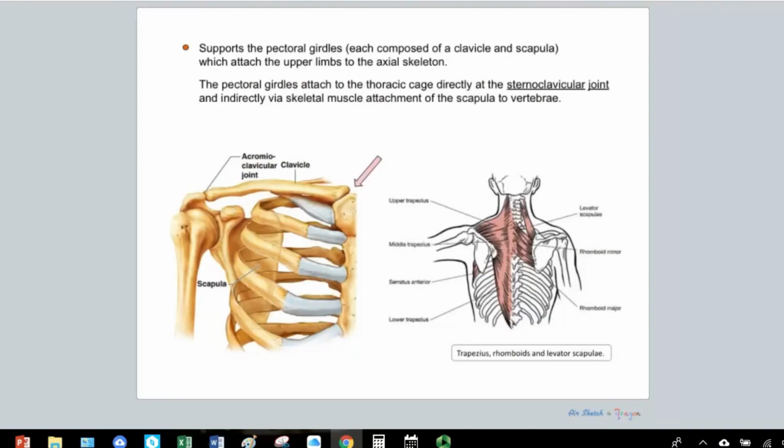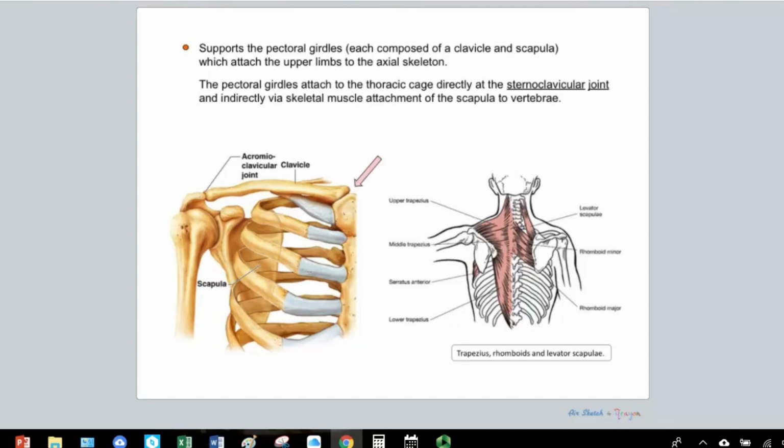It also supports the pectoral girdles. So we'll talk about the pectoral girdles later, but a pectoral girdle consists of the clavicle and the scapula back here. And what they do is they connect the upper limb to the axial skeleton. So the pectoral girdle, which is actually part of the appendicular skeleton, attaches to this thoracic cage.